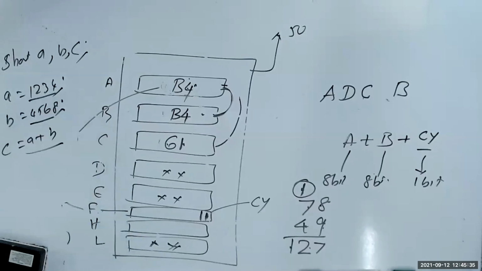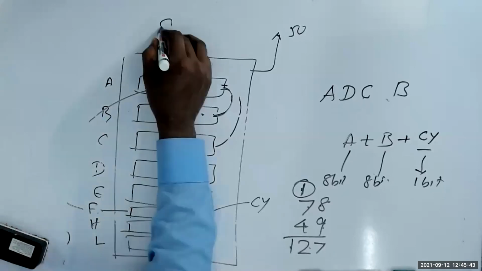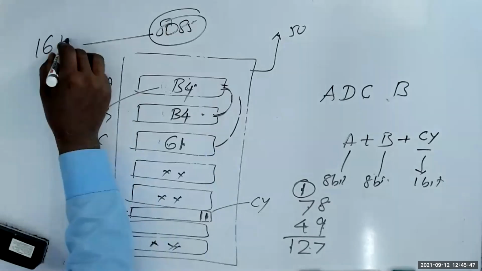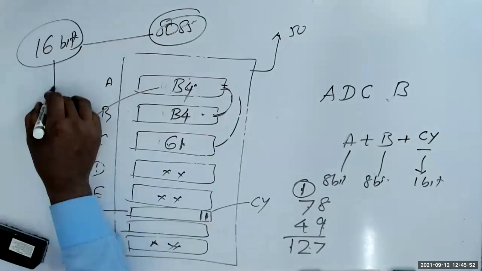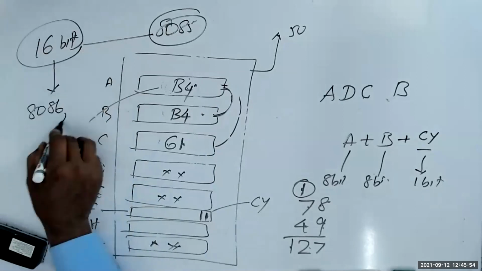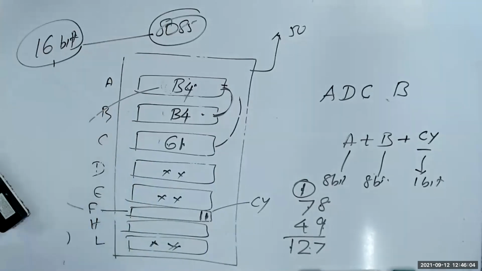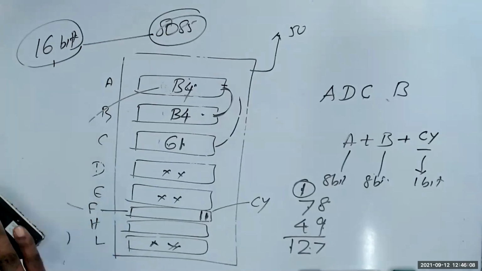That we will discuss next class. How do I use this 8085 to perform a 16-bit operation? Then you will understand the advantage of 8086. We'll do a small comparison between these two. Then you will know what the problem with 8085 is. Slowly we will discuss the performance also. That's next.